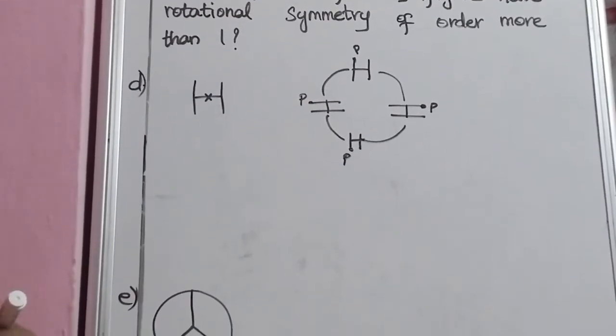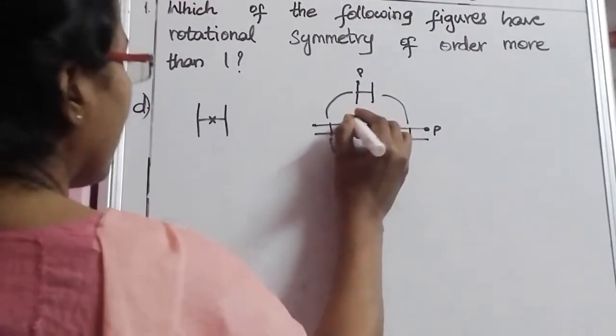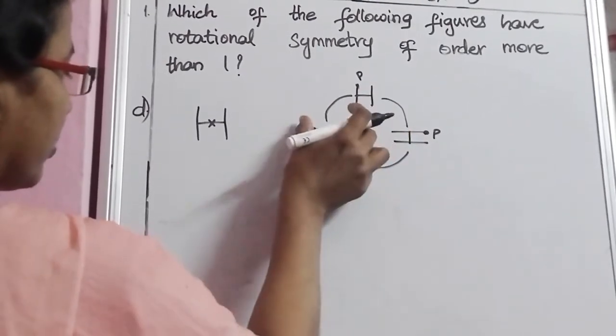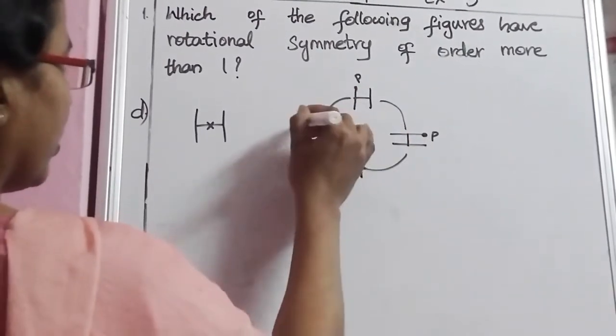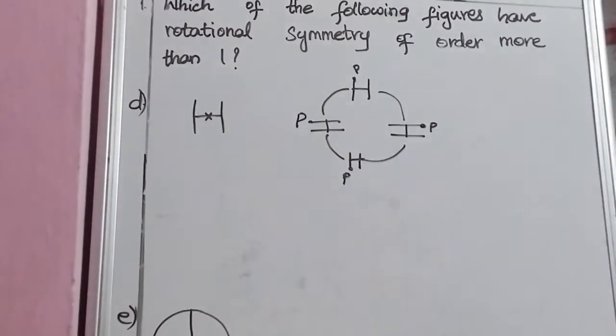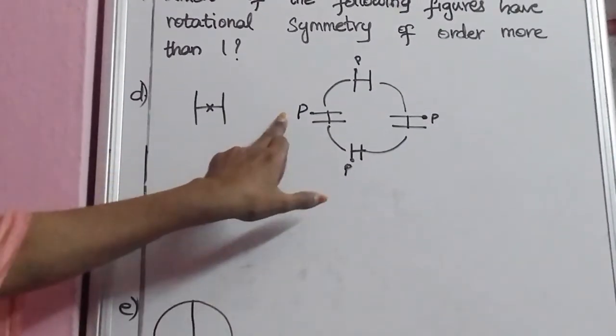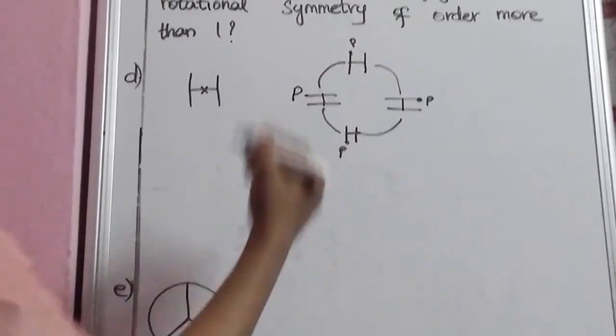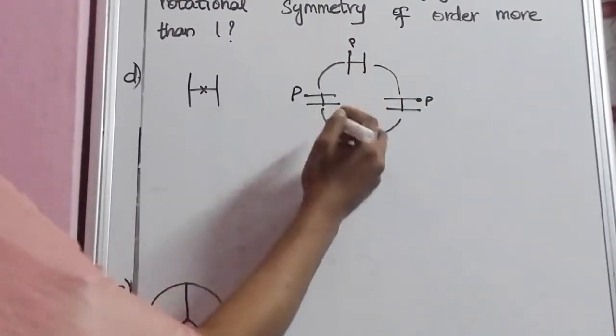Understood this? How many times is the shape being same?